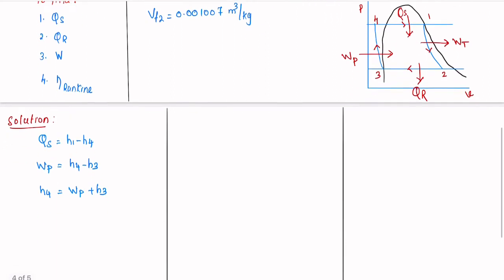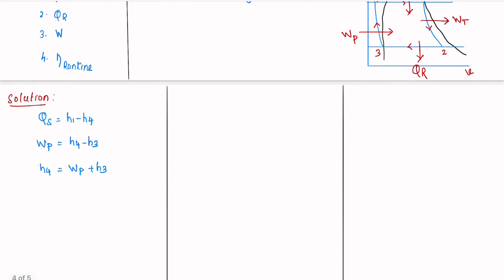And the heat supplied can be written as H1 minus (WP plus H3). The value of H3 is equal to HF2. We know that the value of H3 is equal to HF2.